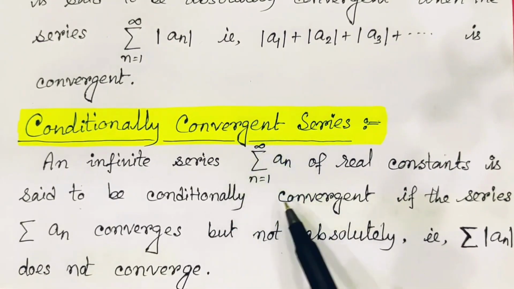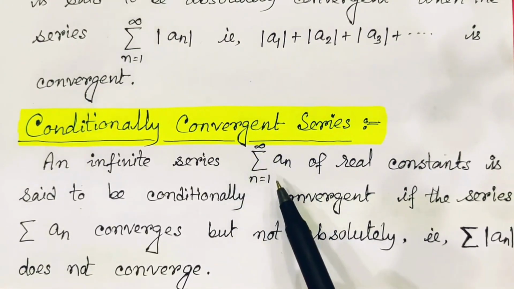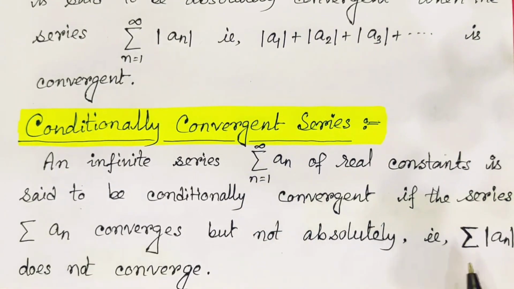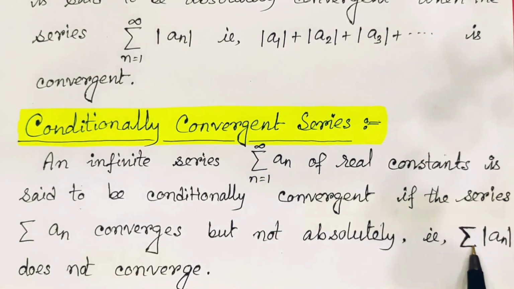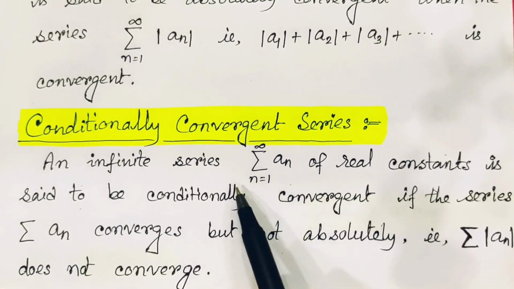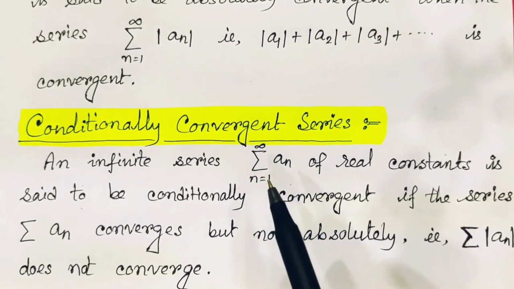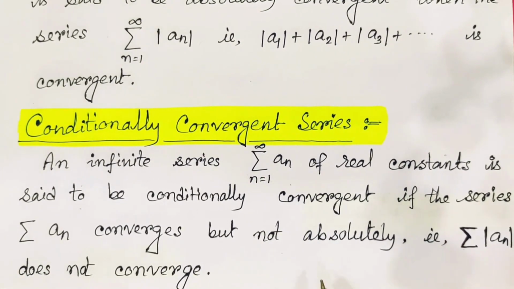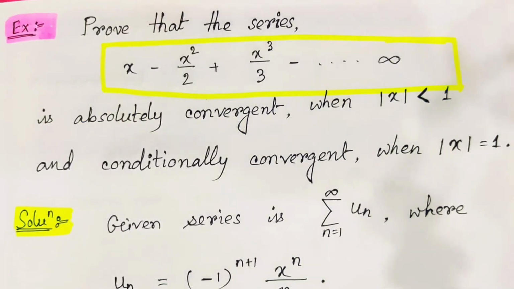For any mixed series given, this one is convergent, but if we take the mod of all the terms, that means we test the absolute convergence, then we find that the given series is not absolutely convergent. The original series is convergent and its mod value series is not convergent. If we find such kind of things, then we say the given series is conditionally convergent.